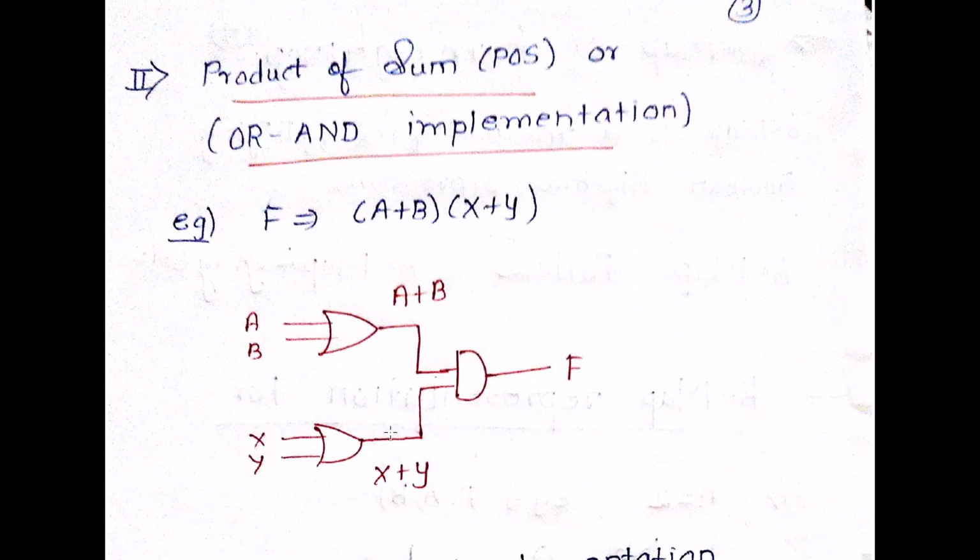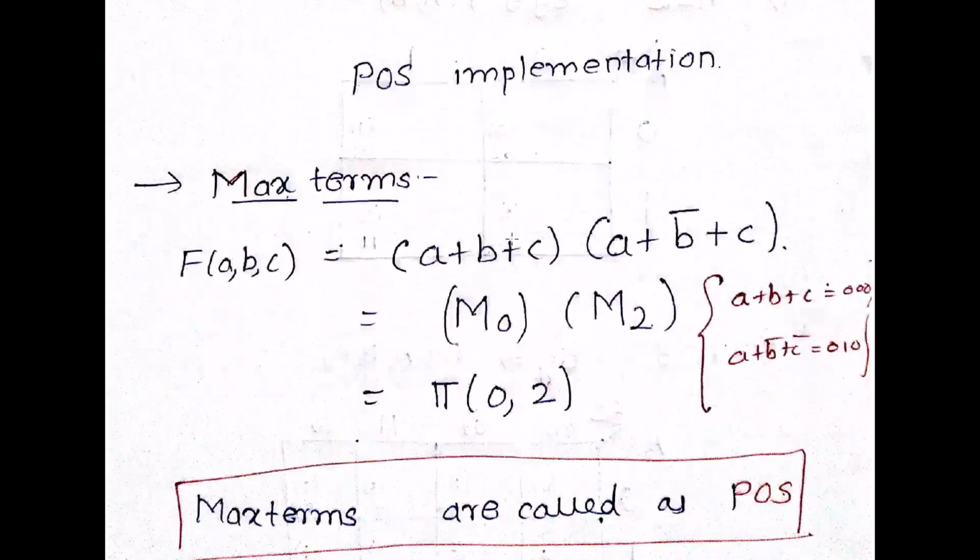Then you have product of sum. In this, it is basically the product of some variables, that is, a plus b is a sum, a OR b is a sum, and then you're doing a product of it. It's going to be associated with max terms. In max terms, your non-bar variable is given as 0 and your bar variable is given as 1.